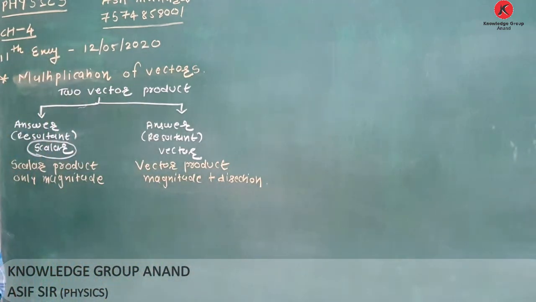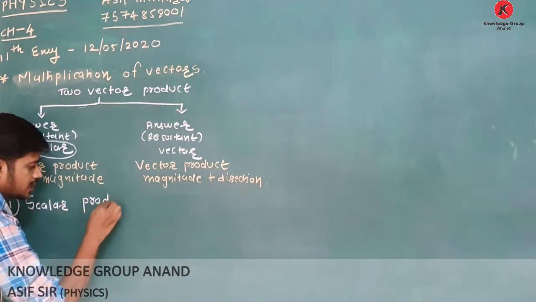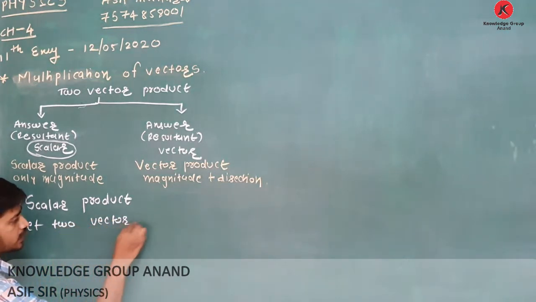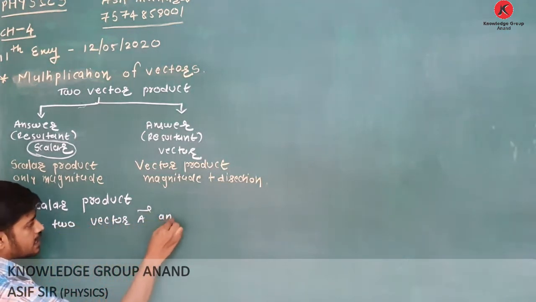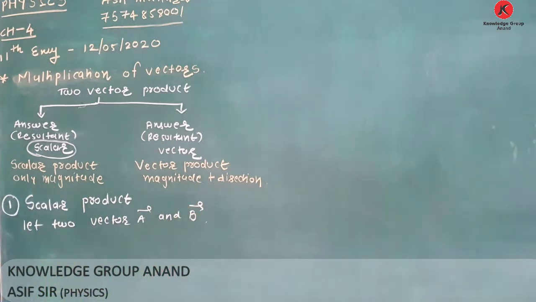First of all, what is scalar product? That we will study here. For example, let us have two vectors A and B, like this.